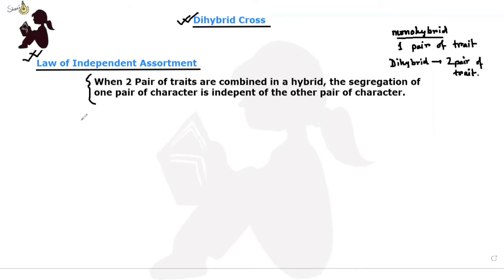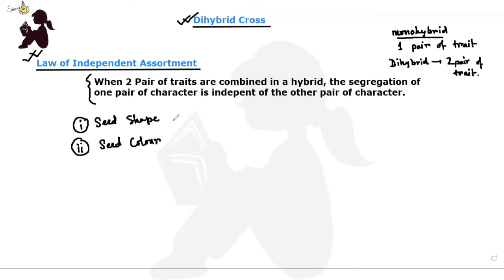For the test of this dihybrid cross, Mendel selected two types of characters. Number 1 is the seed shape, and number 2 is the seed color.